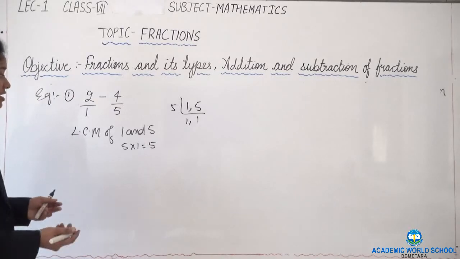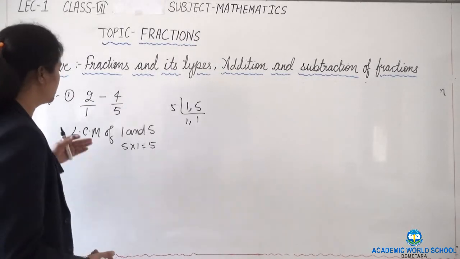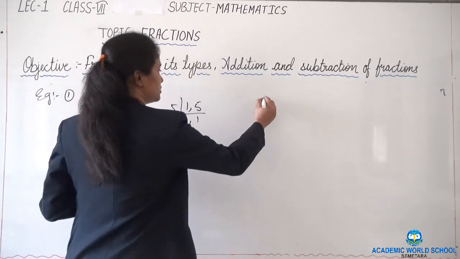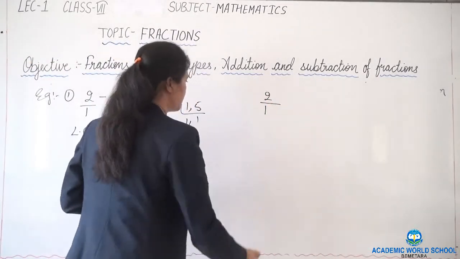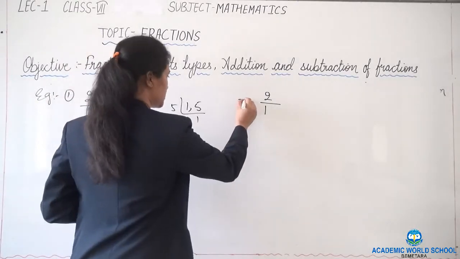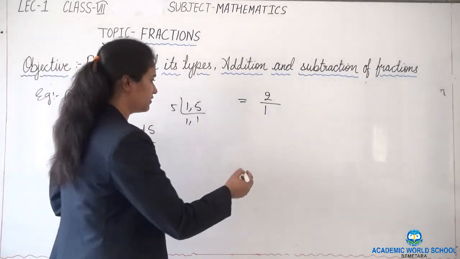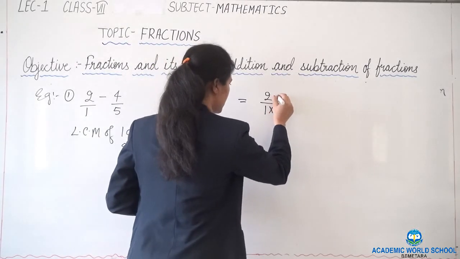Now second step, what are we supposed to do? We have to make the denominators the same. 2 by 1 is the first fraction. What will you multiply to 1 to get 5? Very simple. Into 5, into 5.